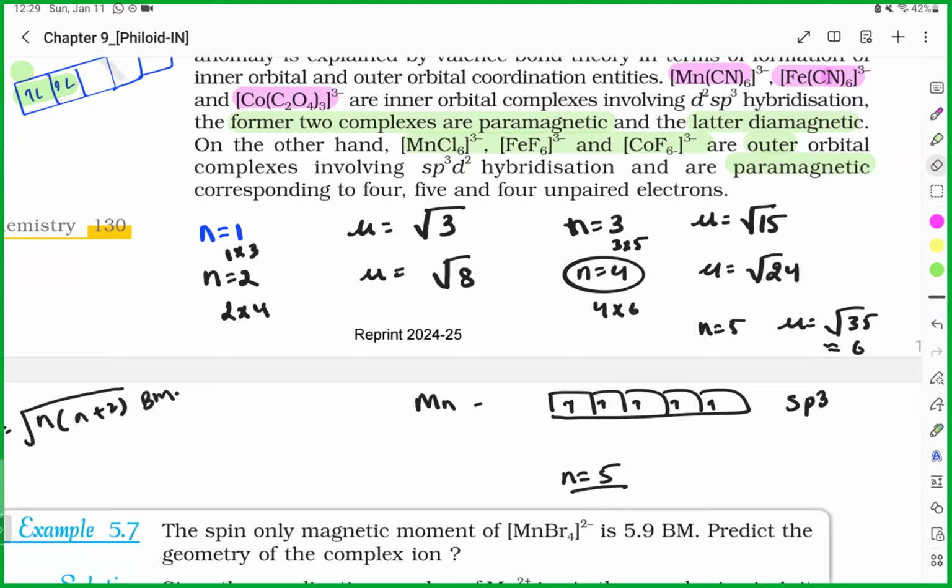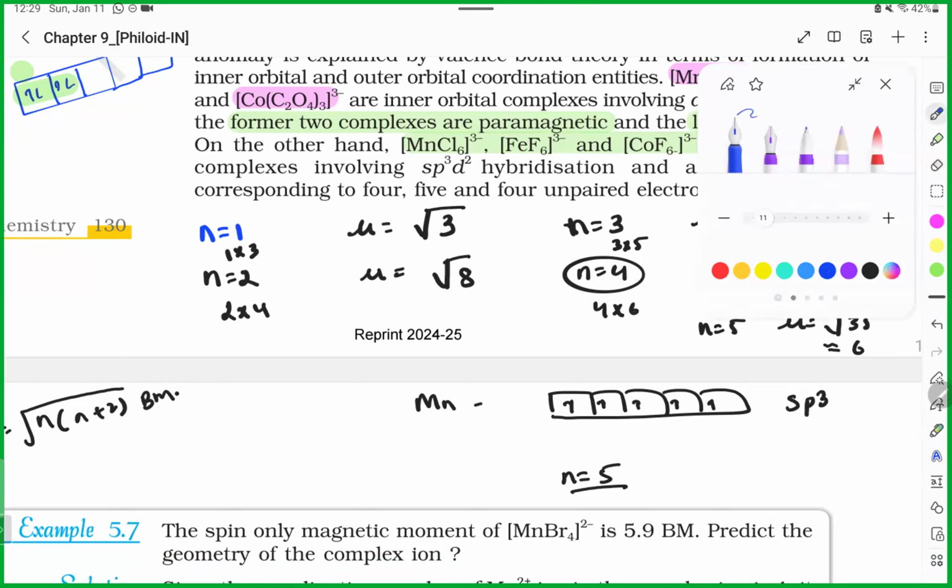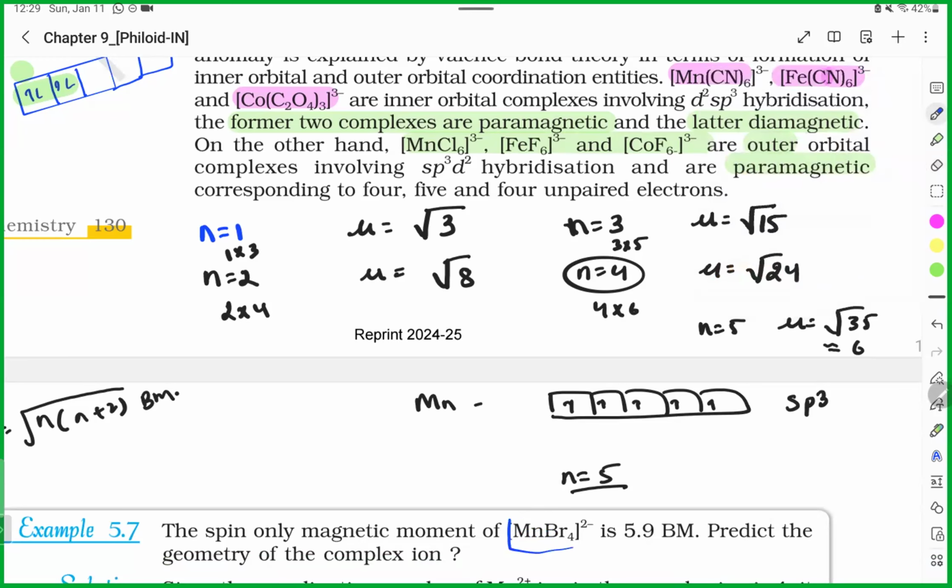Done? If you solve this question, so it will be tetrahedral, no? Let's see. Magnetic moment of this, there are only two possibilities, whether it is tetrahedral or it could be square planar because coordination number is 4. Octahedral is definitely not possible. If this is the situation, then you know it is approximately 5.92.